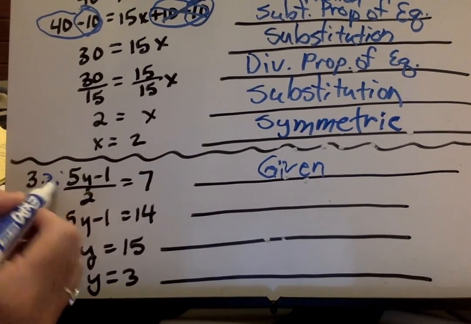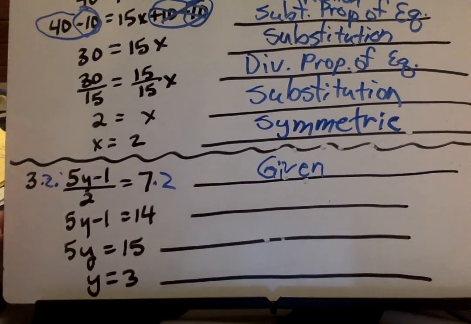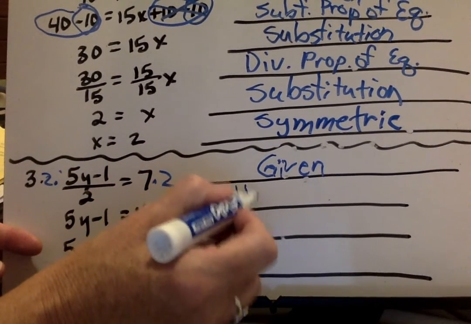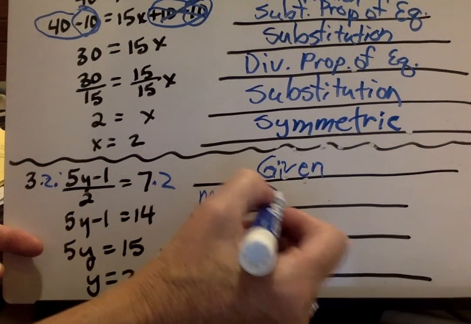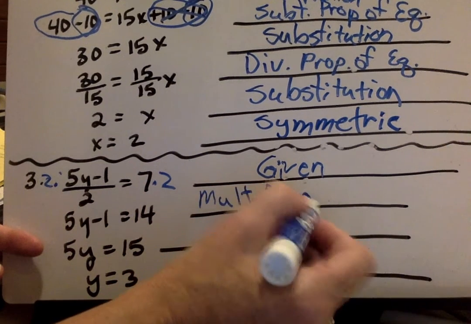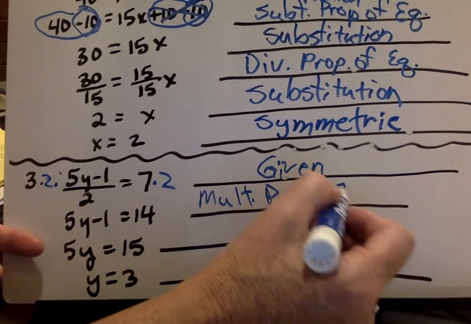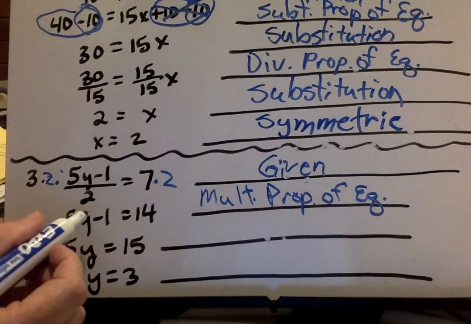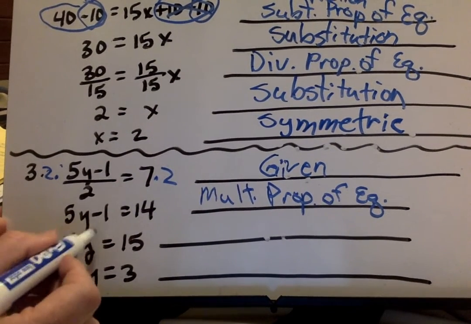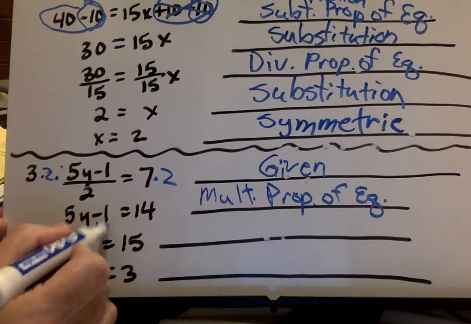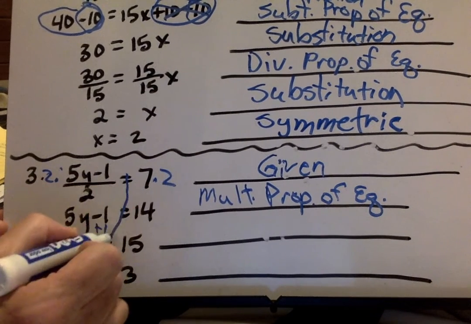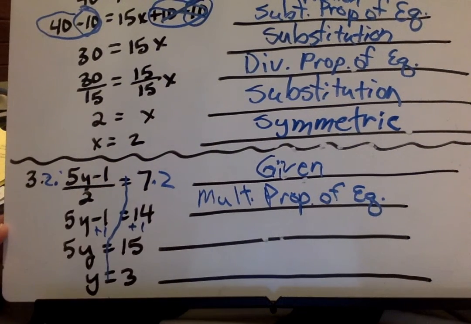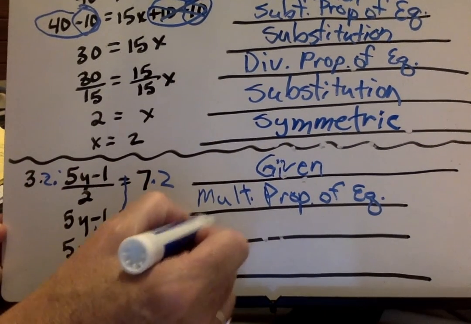So we can see that you multiplied by 2 on both sides. So that's called the multiplicative property of equality. Okay, and then we say what happened from here to here? Well, the 1 is missing, so it must have done plus 1. And whatever you do on one side of the equation, you have to do on the other. So what did we do? Addition property of equality, that's correct.